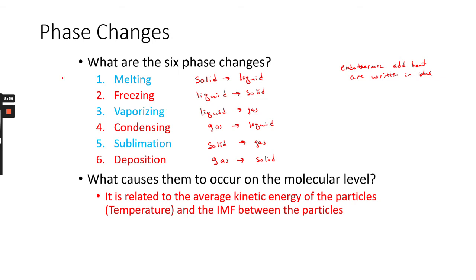Melting is endo, because you're a solid, you have to add heat and then it will melt. Vaporizing is endo, and sublimation is endo. Okay, then you have exothermic, where you have to remove heat or heat is released. And they are written in red.